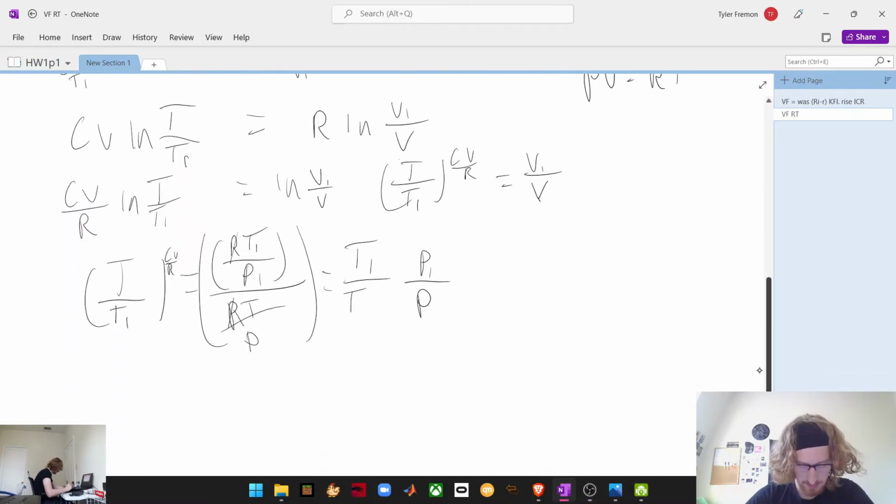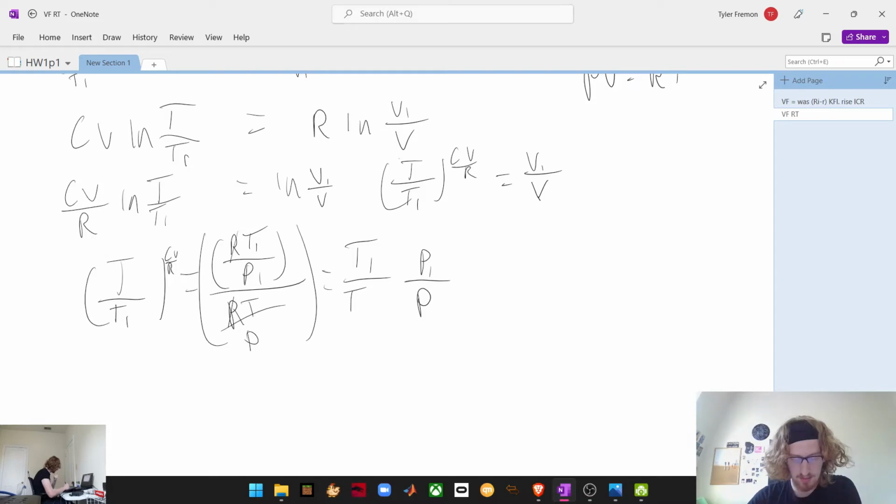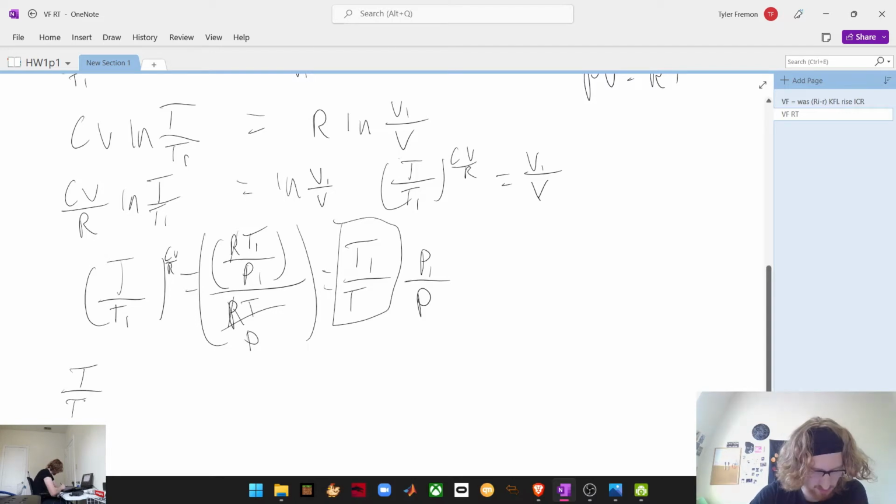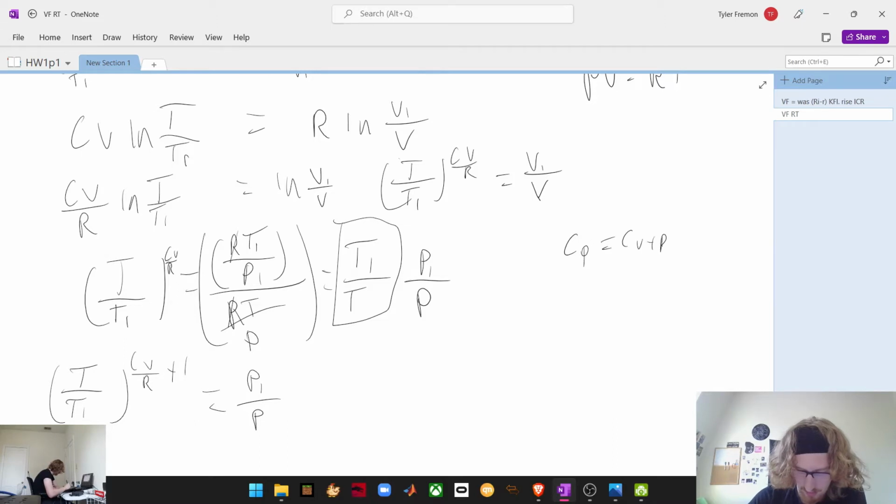So now we can start multiplying by the reciprocal of this. So we're going to have T over T1, and since we're multiplying by the reciprocal, we have to add 1 to the exponent here, and this is going to be equal to P1 over P. And we know that Cp equals Cv plus R at a given pressure and volume.